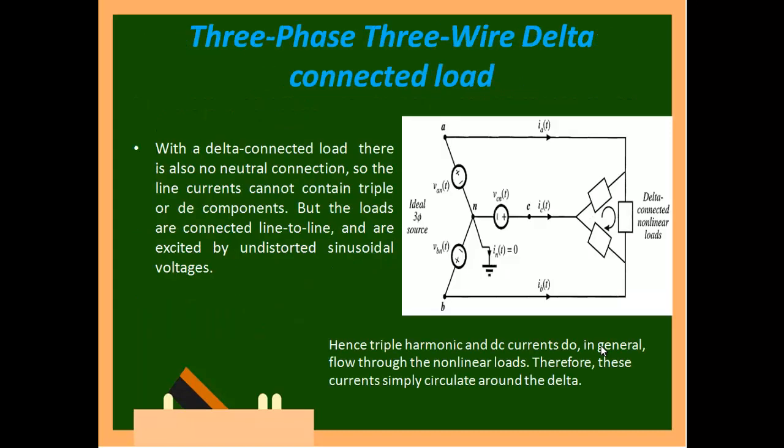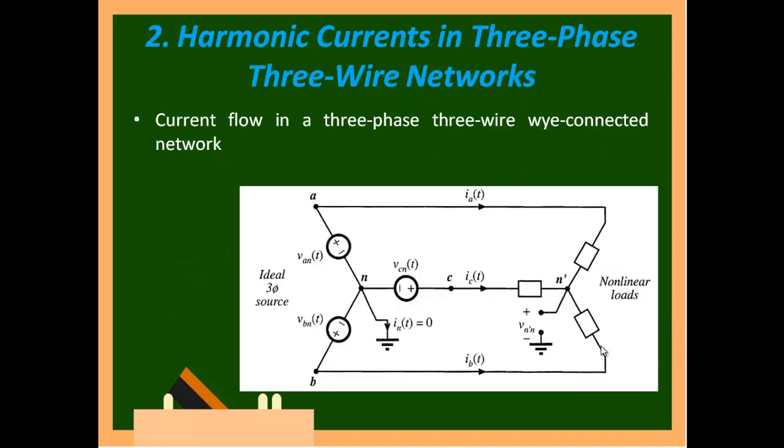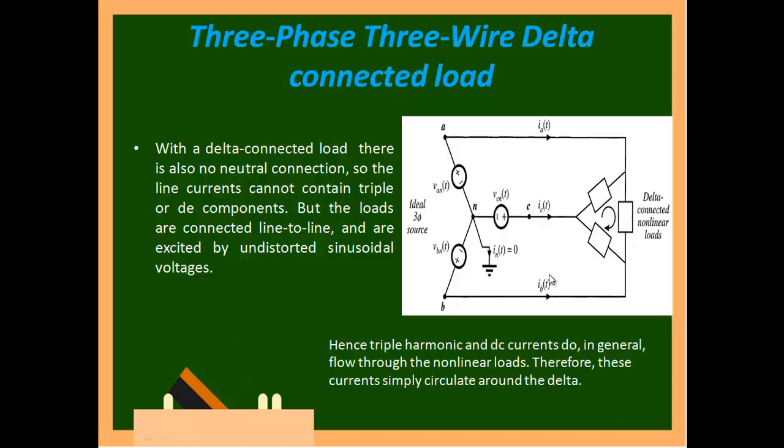Then three phase 3 wire delta connected. Here the connection was star, now I am going for delta. Slightly you face a problem: there will be a circulating current now. Initially we started with a neutral connection, so the excess harmonic current flows in neutral and creates an issue. Then I said I am not using any neutral at all.